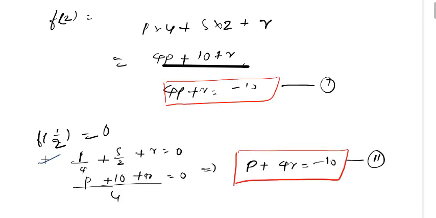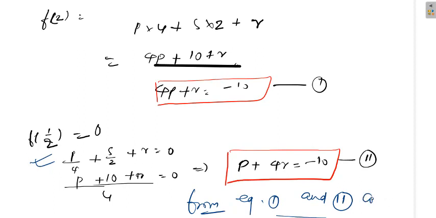Okay, when you solve this equation, you will get p plus 4r equal to minus 10. Observe these two equations, 1 and 2. Here, from equation 1, you are comparing.